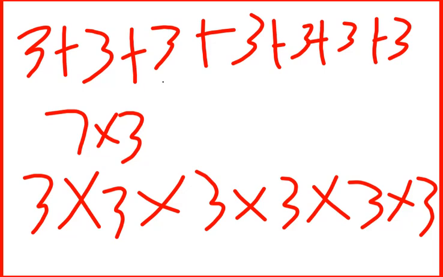For this, we can use exponential notation, which I'm going to write in a different color: 3 to the power of 6, because our number of threes is 6. So you just write the number that you're multiplying so many times, and to the power of how many times you're multiplying that number, if it makes sense.